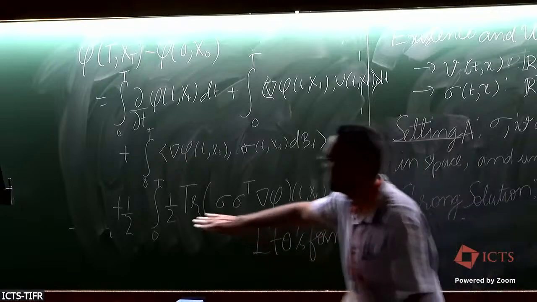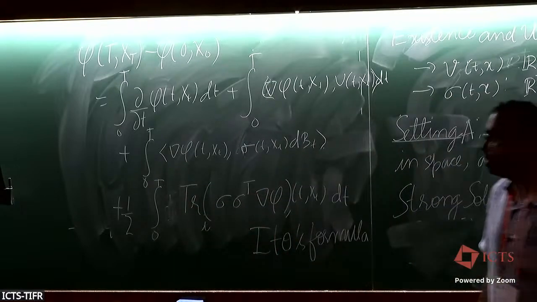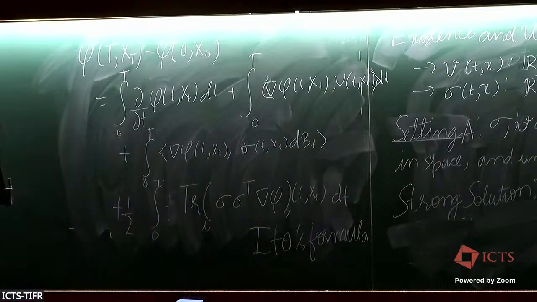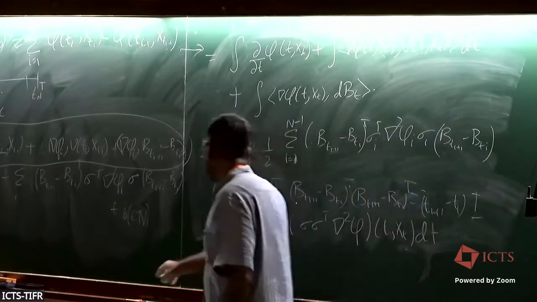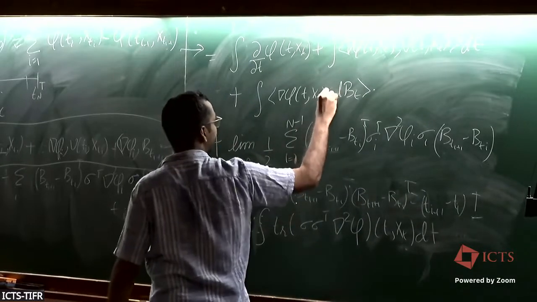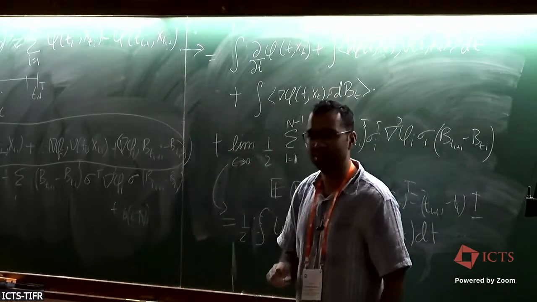Oh, sorry, it's once. Thanks for catching. Yeah. No, sorry. Is it there in both places? There's only one half. No, no, third term: sigma dB. Where is sigma dB_t? Here. It has to be sigma dB_t, yes. Okay. Thanks for catching that as well.